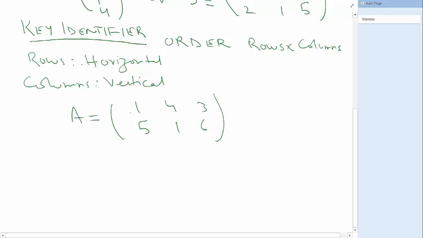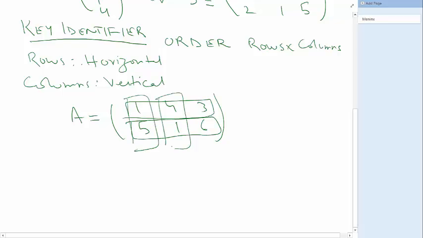If we consider the horizontal set of numbers, we get 2 rows, and if we consider the vertical set of numbers, we have 3 columns here. So we can say the order of matrix A is 2 by 3, because the order of a matrix is always written in the form of rows cross columns.